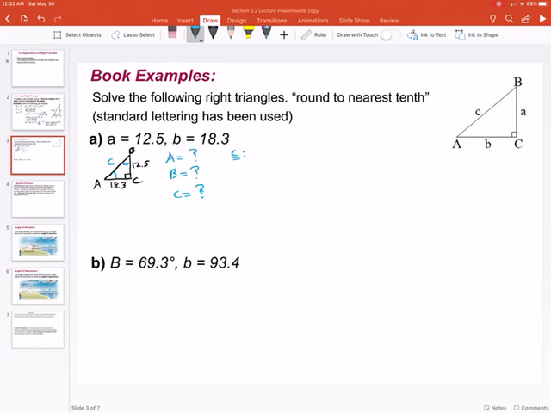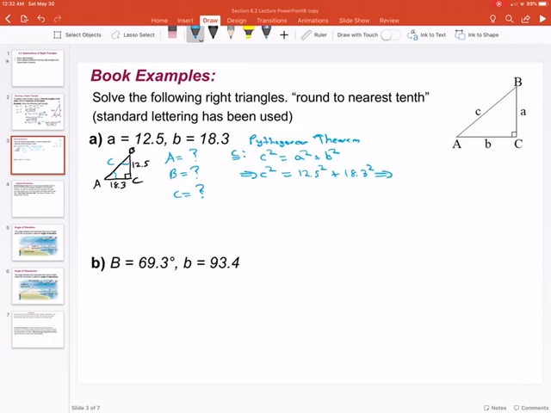We've got two of the three sides in this right triangle. So we know that C squared equals A squared plus B squared. So that implies C squared is equal to 12.5 squared plus 18.3 squared.